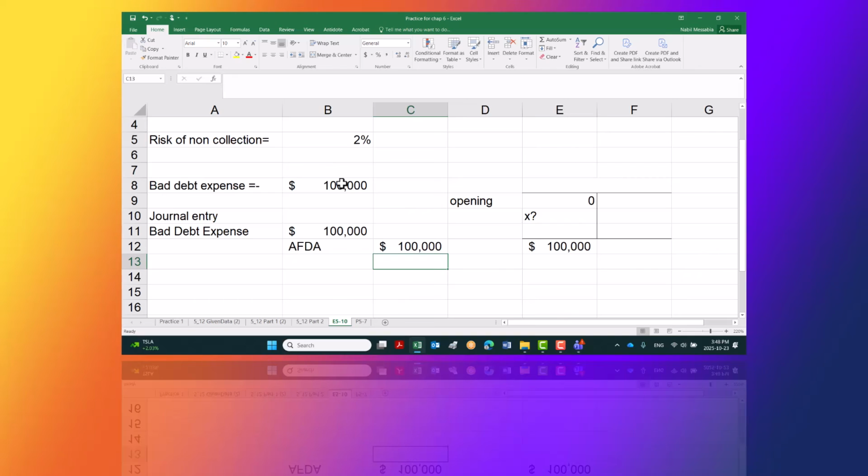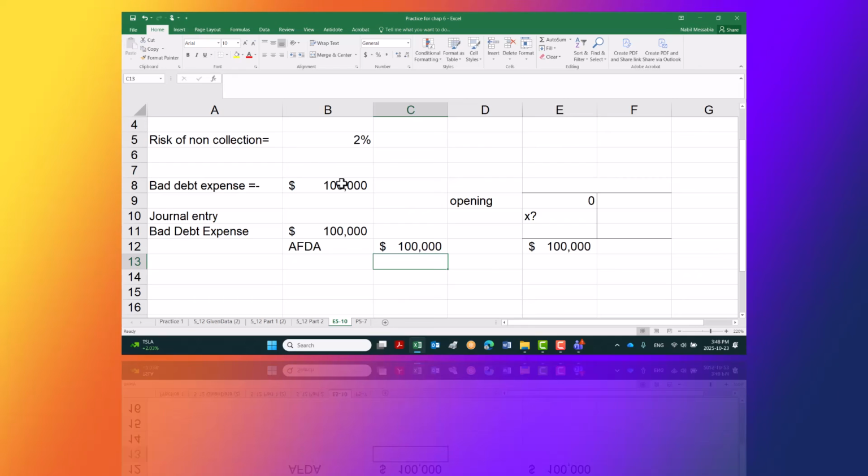If the risk is assessed as a percentage of the credit sales, then the dollar amount of the risk is what you put in your journal entry. If the percentage is given to you as a percentage of the receivables, receivables is a balance sheet item.